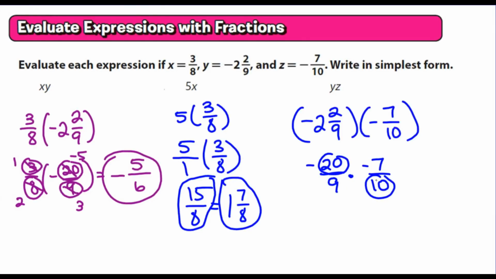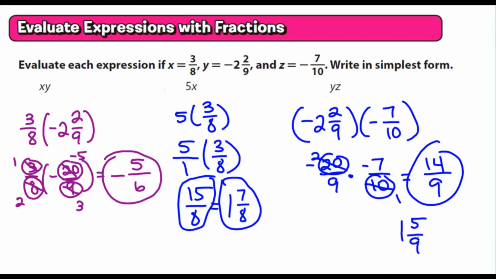That'll knock my numbers down a little bit. Divide these both by 10, I get negative 2 here and 1 here. And then if I multiply negative 2 times negative 7, that's positive 14/9, which is fine. Or I can write it as a mixed number, 1 and 5/9.